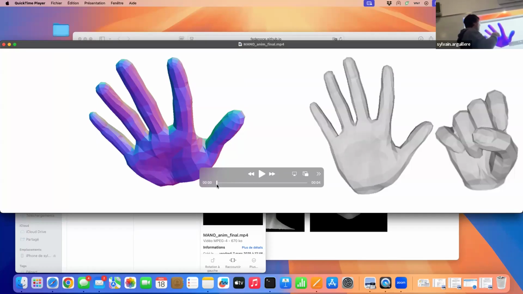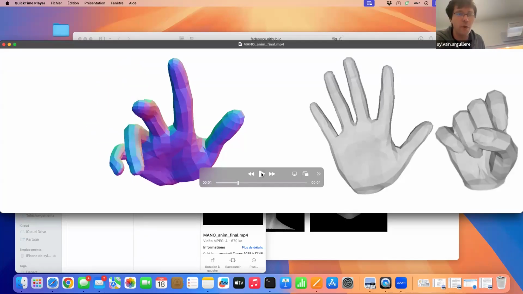Then we do a linear interpolation from 0, so the neutral pose, no deformation, onto the latent code that we obtain here. And so that's what gives us the first motion.